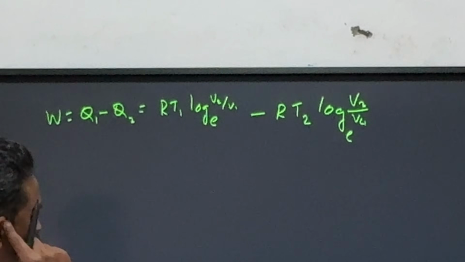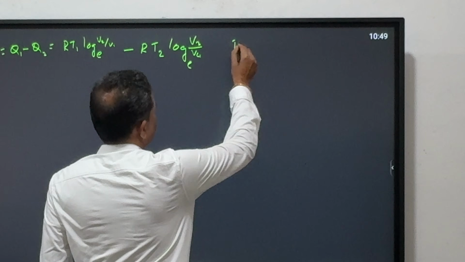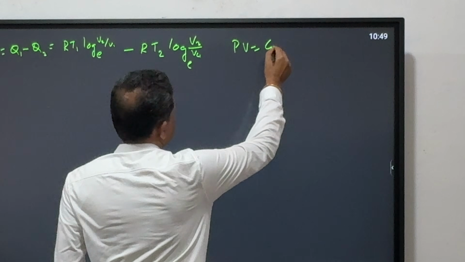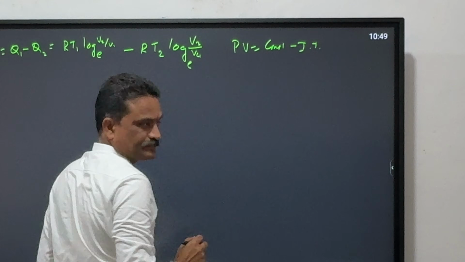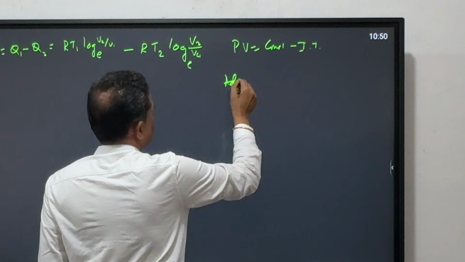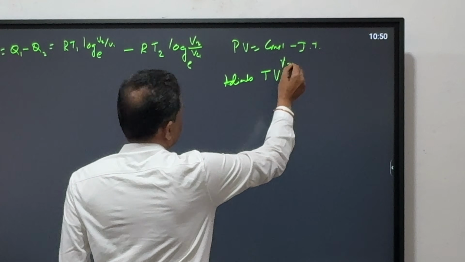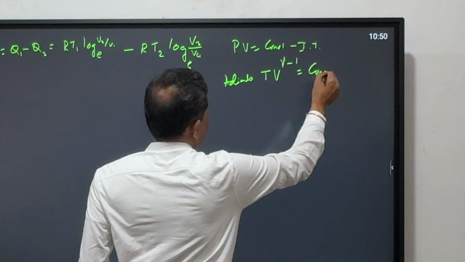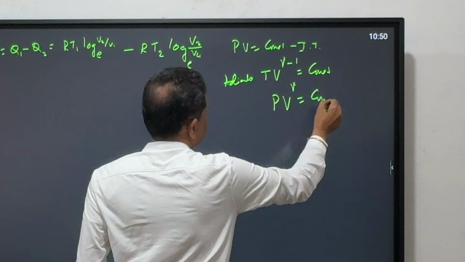In isothermal processes, the equation followed is PV is equal to constant, for any isothermal process. For an adiabatic process, the equation is TV to the power of gamma minus 1 is equal to constant, and another one is PV to the power of gamma is equal to constant.